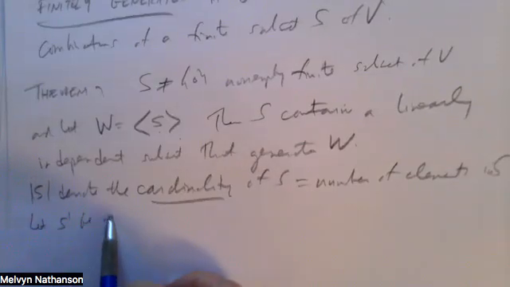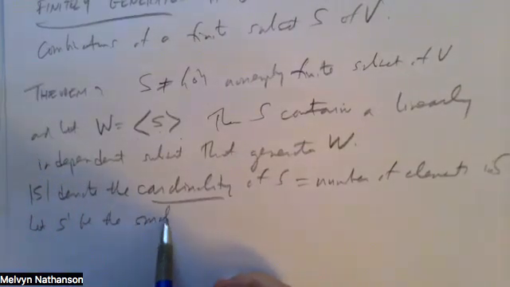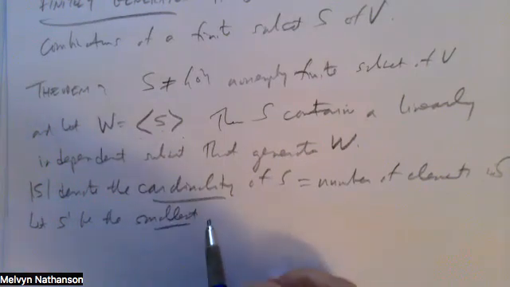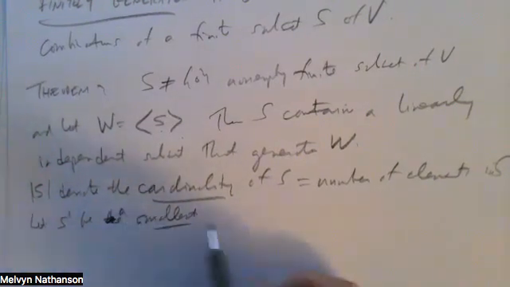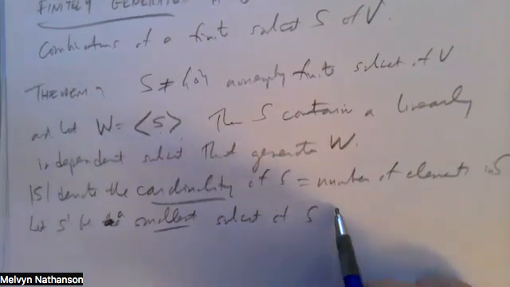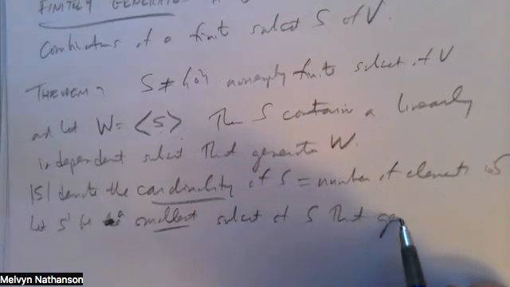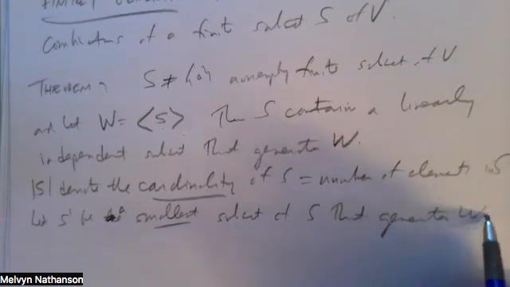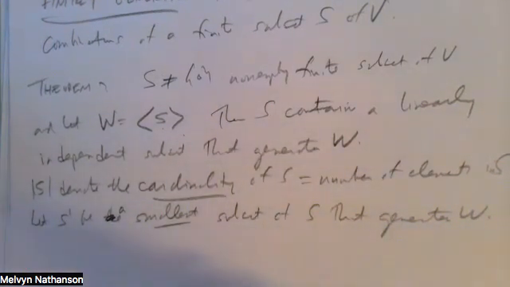Let S prime be the smallest, or a smallest, subset of S that generates W. What that means is that no proper subset of S generates W. Let's say S has 100 elements.